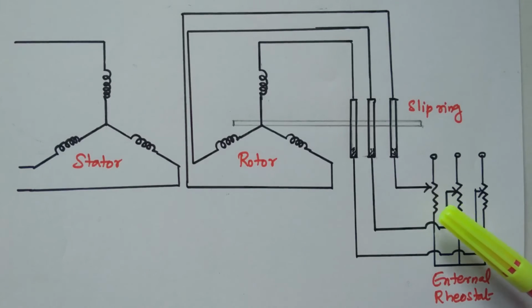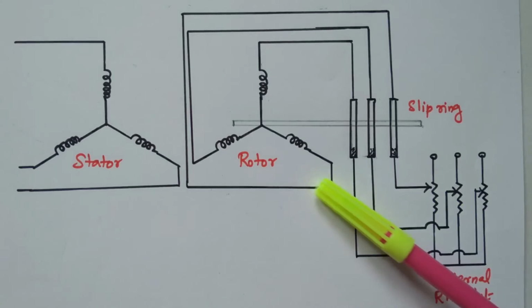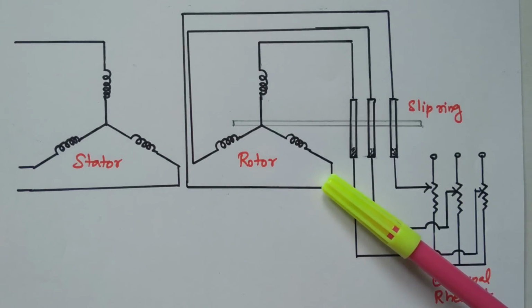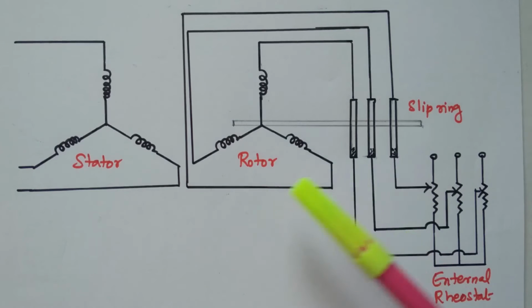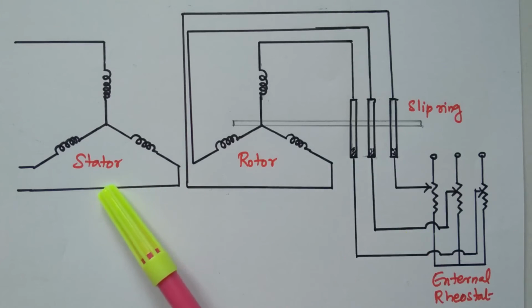So the current drawn and voltage applied to the rotor winding is reduced. If the voltage applied to the rotor winding is reduced, automatically the voltage taken by the stator winding also reduces. So while reducing the rotor voltage, automatically the stator voltage also reduces.